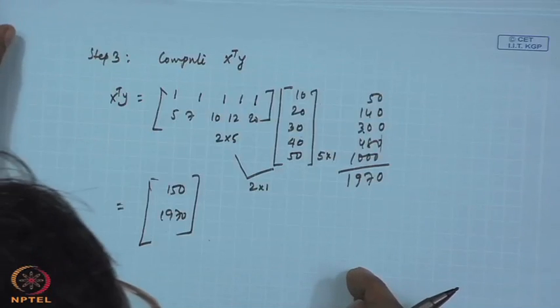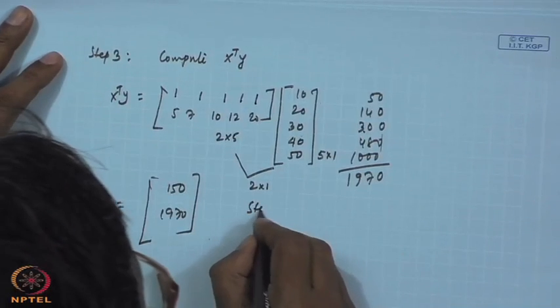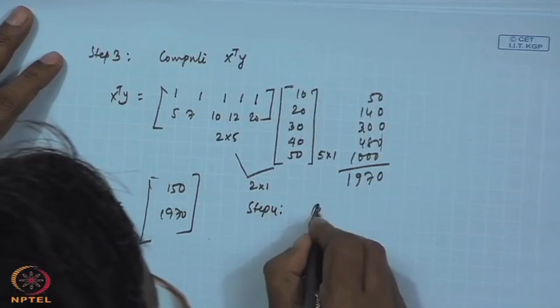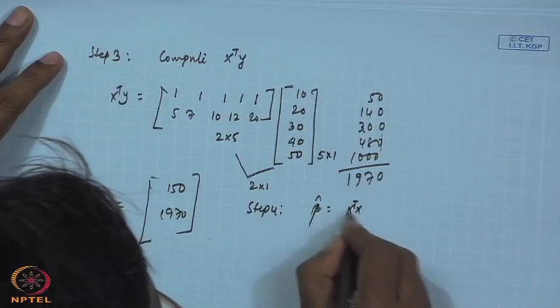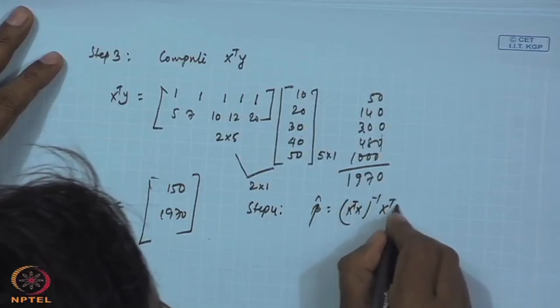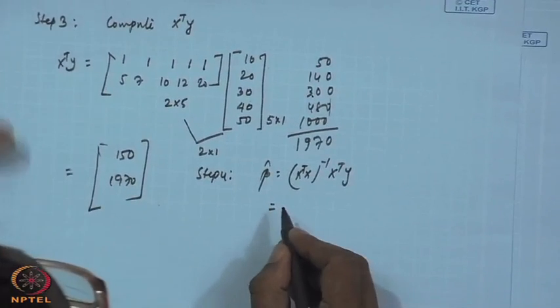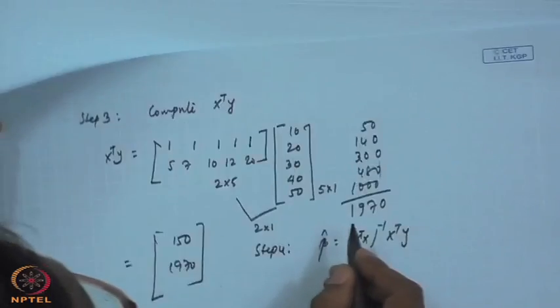Okay. So your step 4 is beta cap equal to X transpose X inverse X transpose Y. What is our X transpose X inverse?